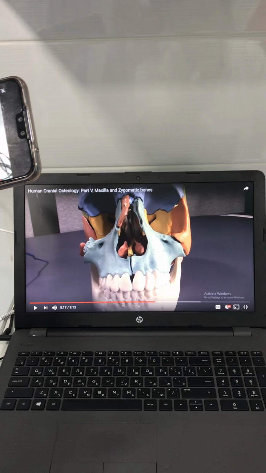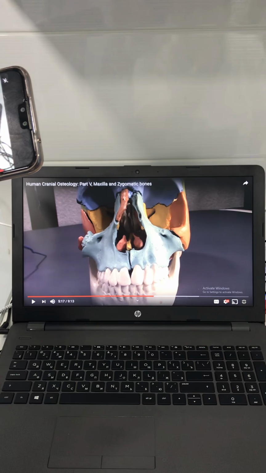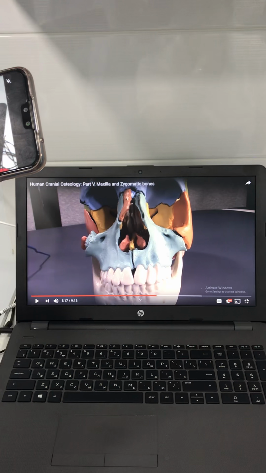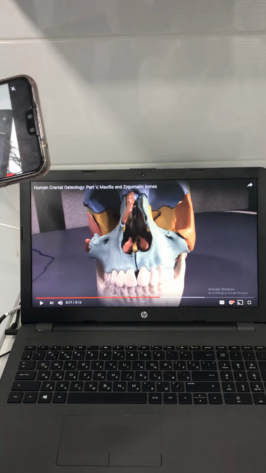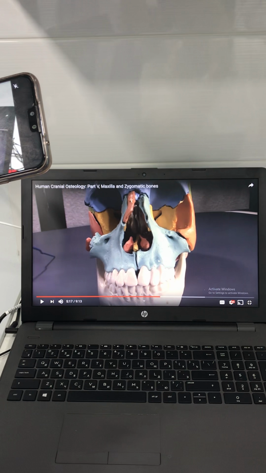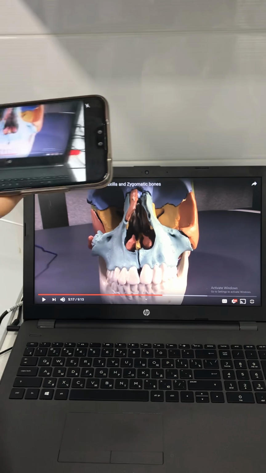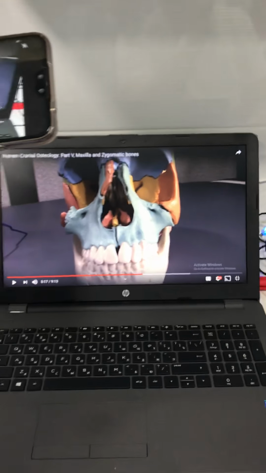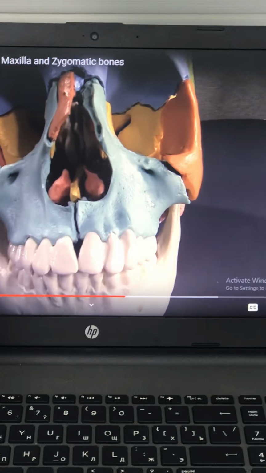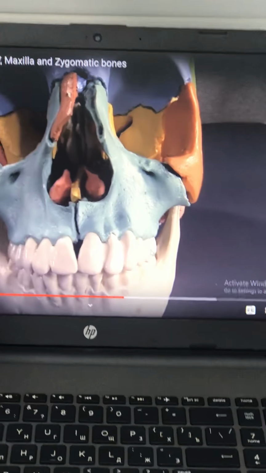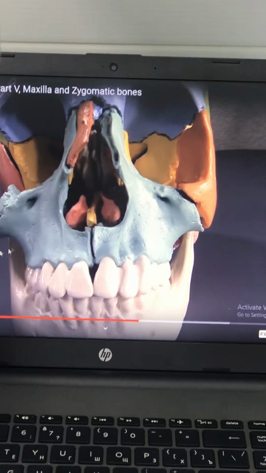It gives innervation to the upper lip and canine. The anterior superior alveolar nerve gives innervation to the central incisors. The middle superior alveolar nerve gives innervation to the premolars, and the posterior superior alveolar nerve gives innervation to the first, second, and third molars. That nerve comes from the back through the tuberosity, as we will see.